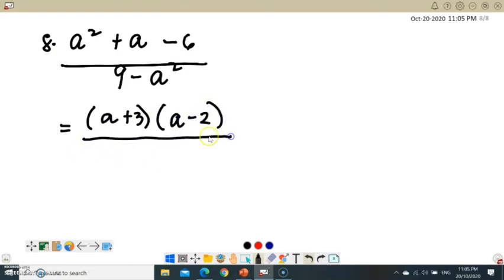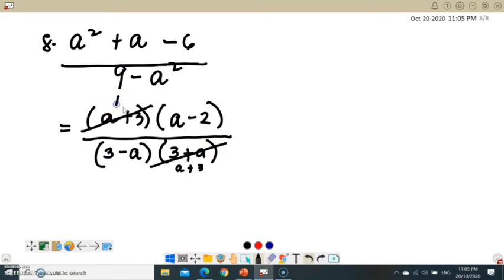How about the factors of the denominator? So we have here 3 minus a multiplied by 3 plus a. So we can cancel a plus 3 and 3 plus a. If we rearrange this one, that is the same as a plus 3. So a plus 3 cancels 3 plus a.